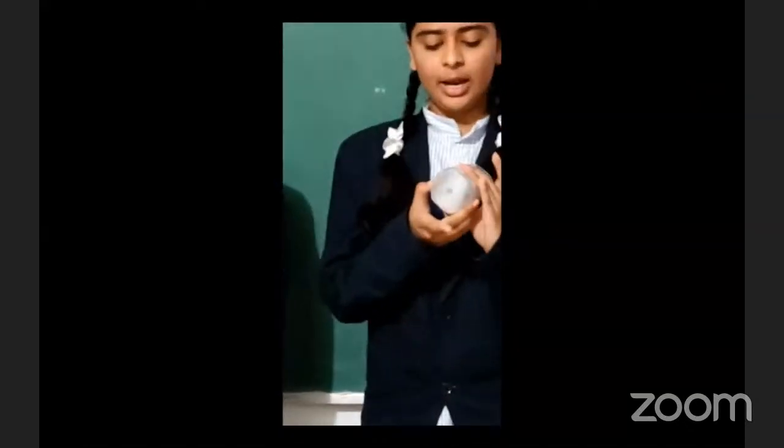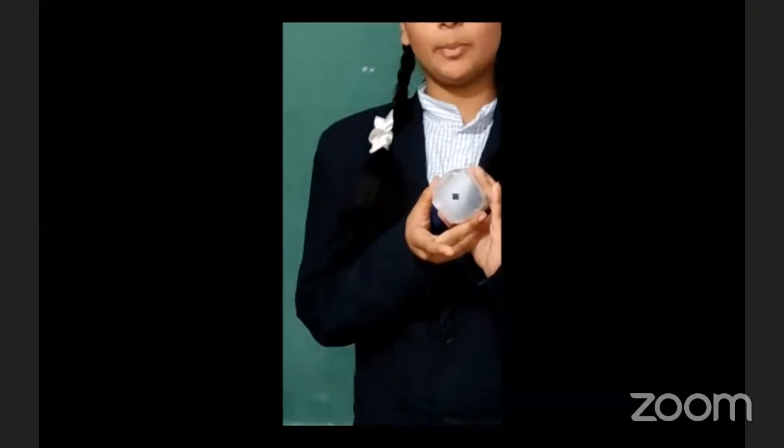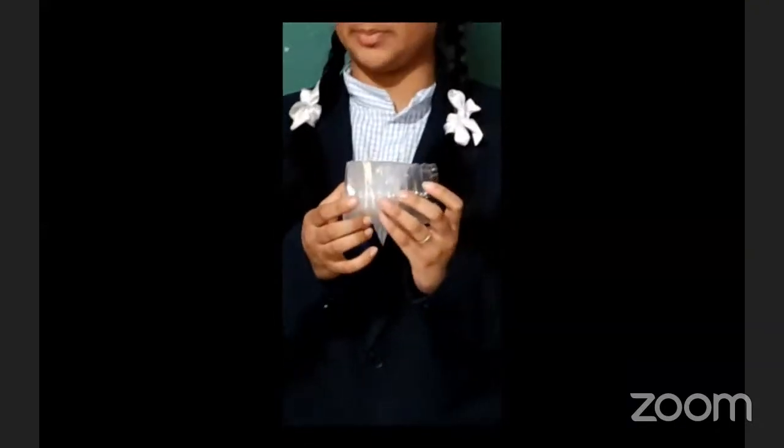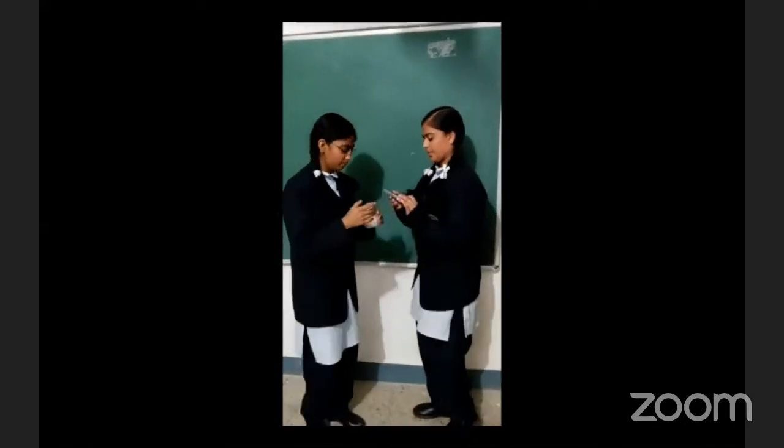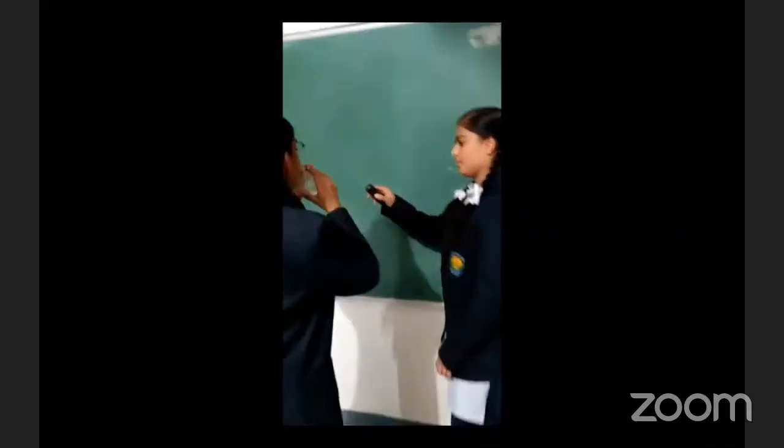In this experiment, we need a bottle cut from the top and the bottom. On one end we stretch a balloon or a polythene and secure it by a rubber band. And we place a mirror in the center of the stretched membrane. Then we take a laser light and point the laser beam on the mirror which reflects to the wall. When we speak to the open end, the membrane vibrates which results in the vibration of the laser beam. Let's show how it works.